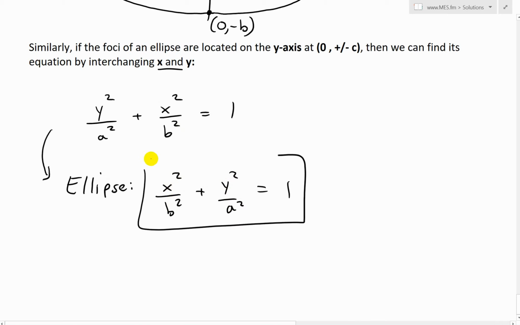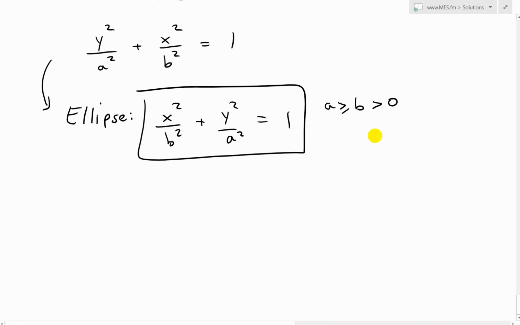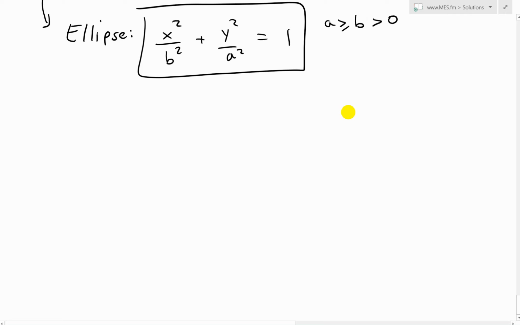So there is our ellipse, where again we have a greater than or equal to b, and b is greater than 0. So again, a is going to be the major axis, a is greater than b, but now it's under the y as opposed to the x, so that's going to be on the vertical axis.